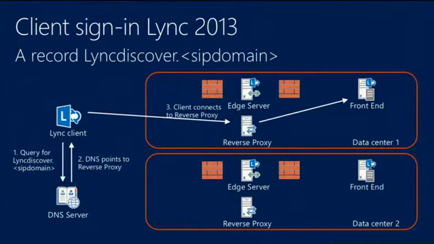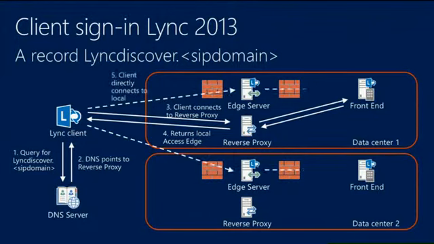That's exactly the pool where I will get the information from, and it will point me to the access edge server of this pool. Or if I'm in data center 1, it would do the same thing, but point me to the edge server in data center 1.